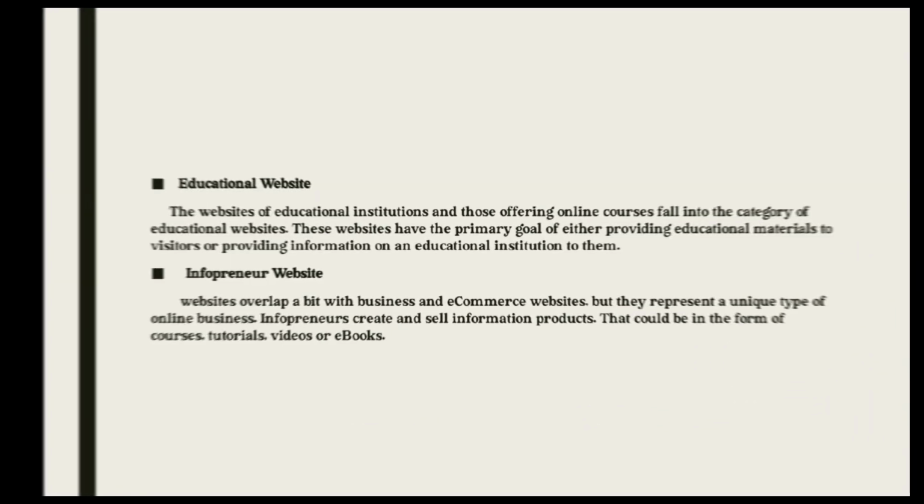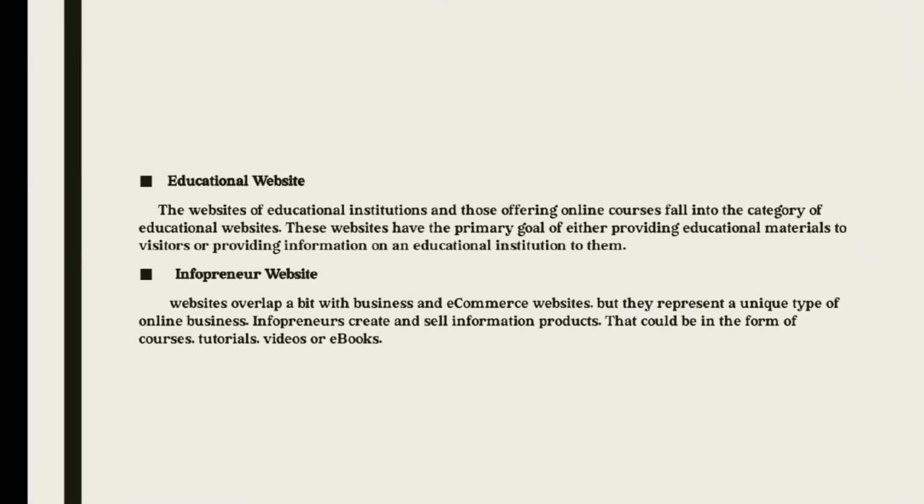The next is the educational website. The websites of educational institutions and those offering online courses fall into the category of educational websites. These websites have the primary goal of either providing educational materials to visitors or providing information on an educational institution to them.